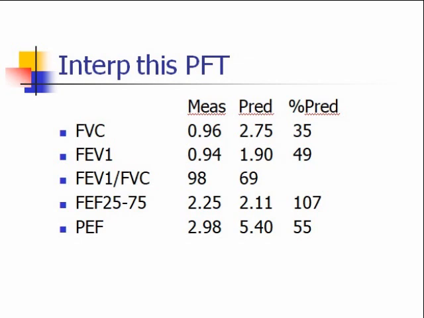So take a little look at this and start thinking, okay, what is abnormal and what is normal? Remember, most of these are going to be abnormal if less than 80%, with the exception of that FEV1 to FVC. That has to be less than 70%.